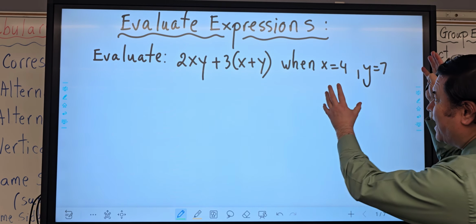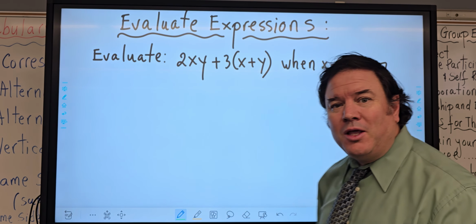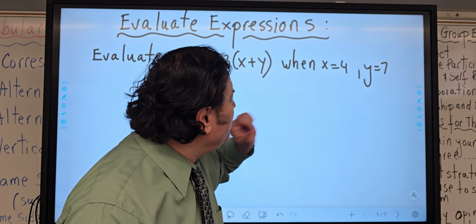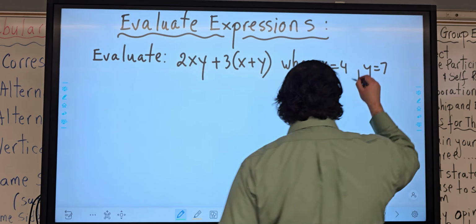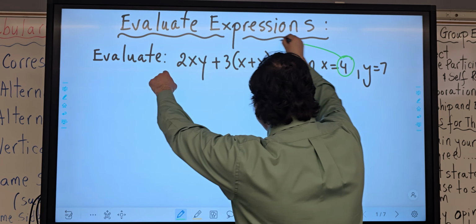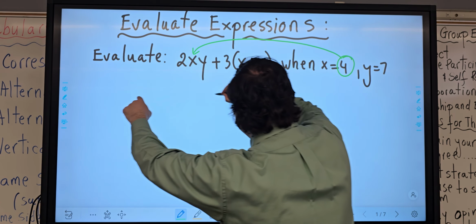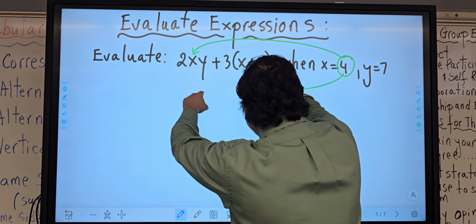Now, since they are giving us x equals 4 and y equals 7, we are going to substitute these values. The value for x, which is 4, we are going to substitute into the x right here. And then we have another x in the expression right here.